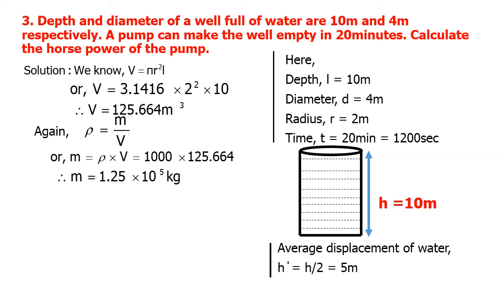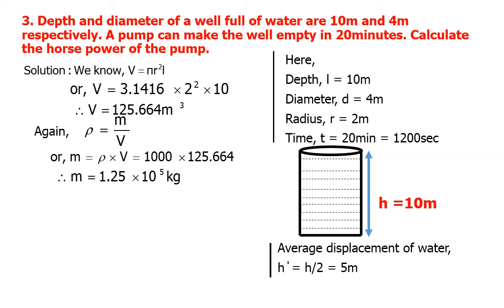Then the average displacement of water will be h prime equal to 0 plus h by 2, that means h by 2. Here h is the height of the water level, and in the question the height of the water level is given 10 meter. So the average displacement of the water will be 10 by 2, that means 5 meter.